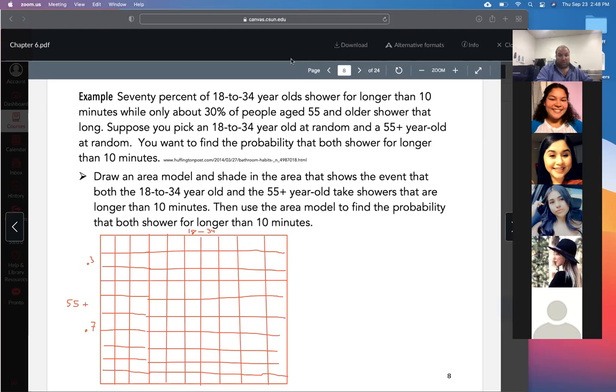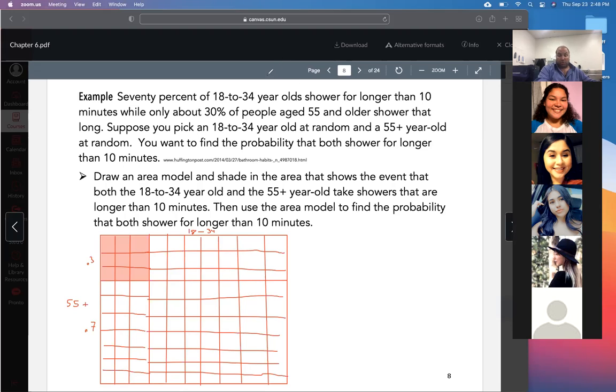And then I'll shade in. So that would represent the ones that represent both the 18 to 34-year-old taking longer than 10 minutes and the 55-plus-year-old taking longer than 10 minutes.